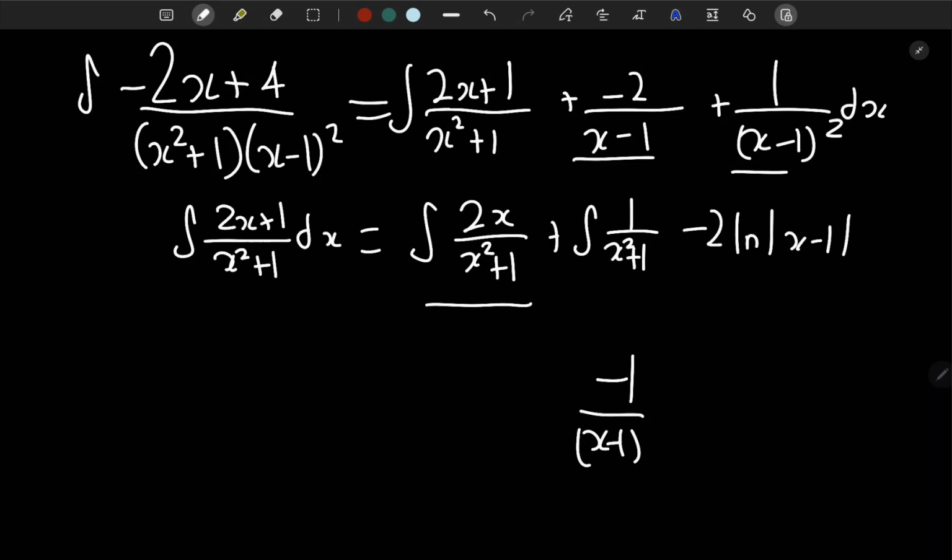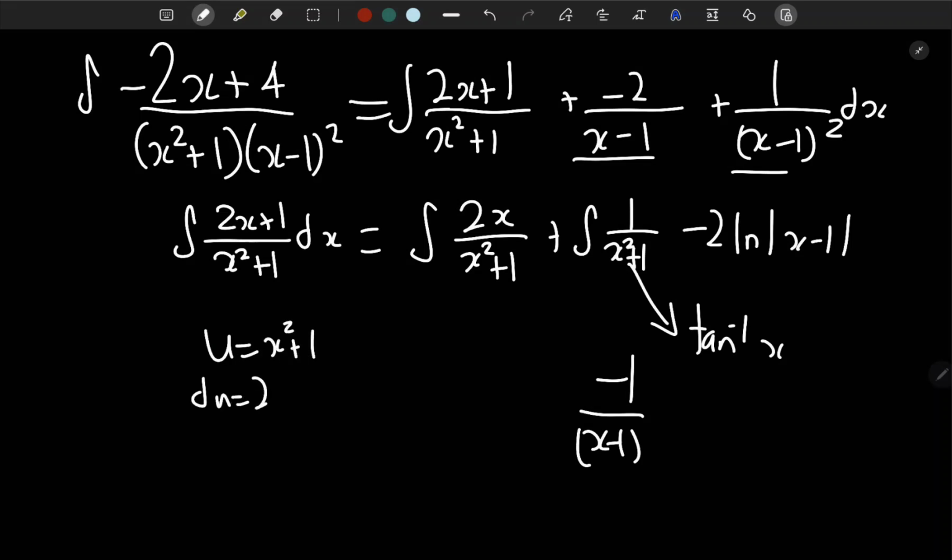And for integrating this part over here, let me just write this quickly. This integration is tan minus 1 x, and here we can take u now, since it will cancel out the numerator. So u is going to be x squared plus 1, du is going to be 2x dx.